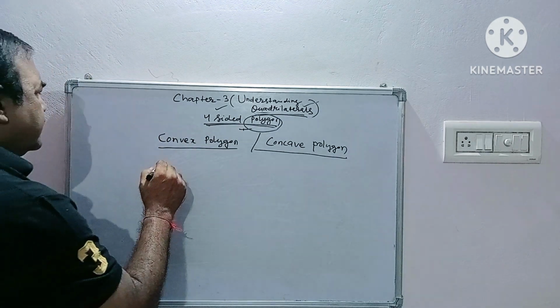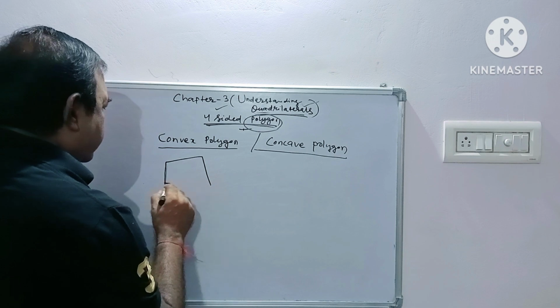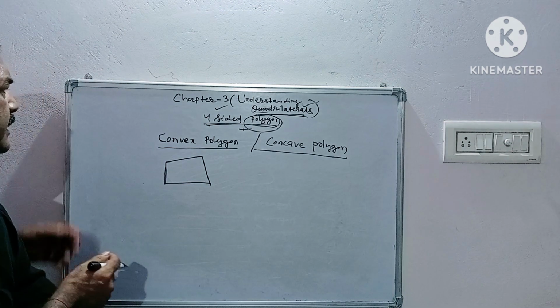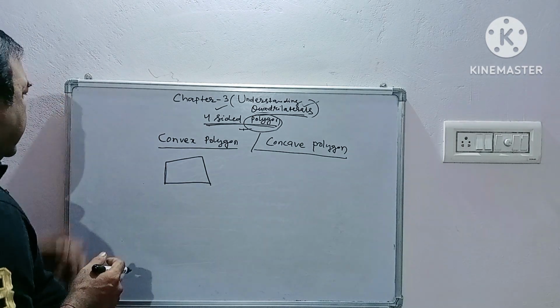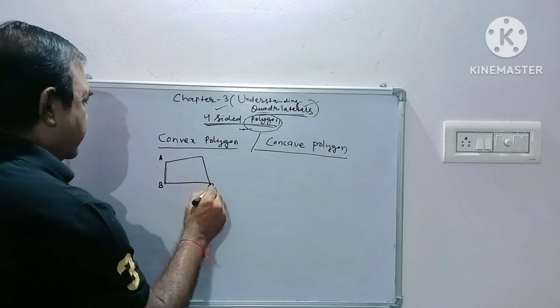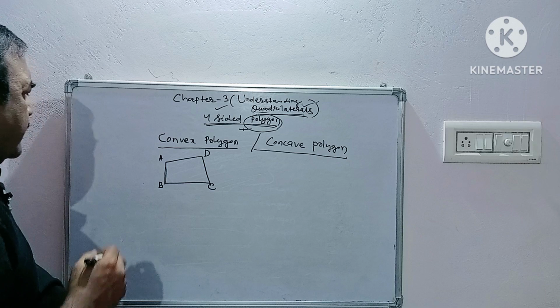Suppose this is a polygon. It is a quadrilateral, a four-sided polygon. ABCD is a quadrilateral.